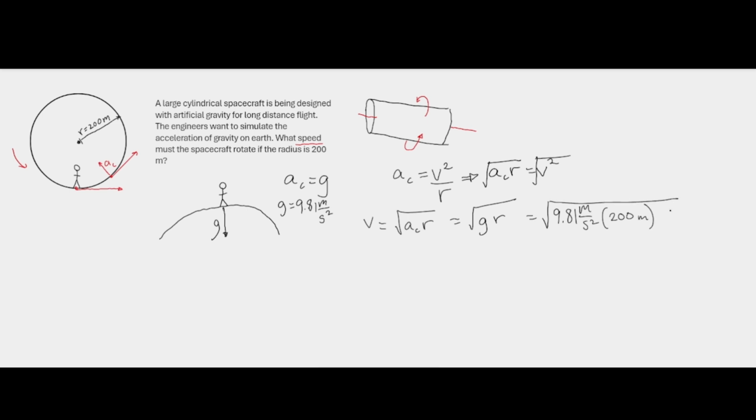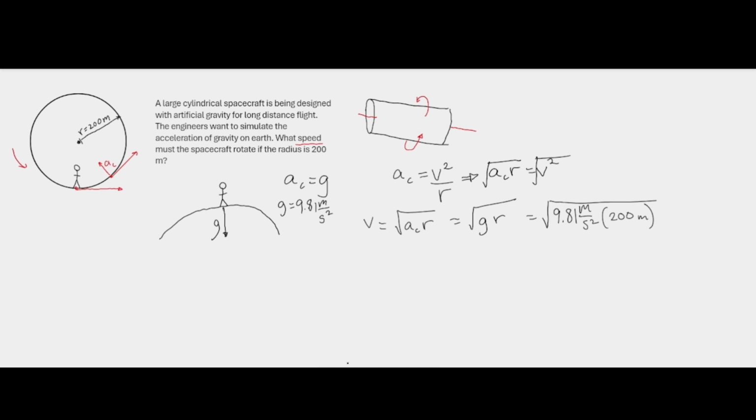All of those under the square root. So now I can get my calculator and I can input this value. So we're going to have the square root of 9.81 times 200 all under the radical sign.